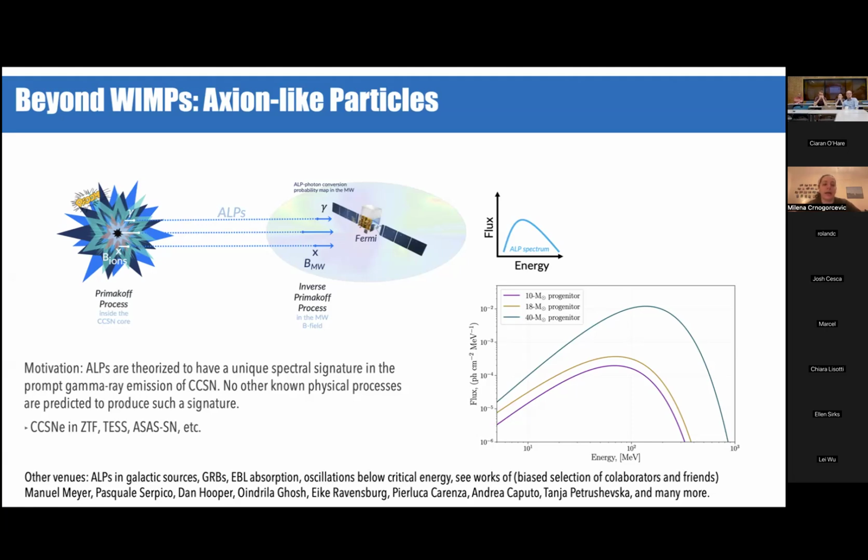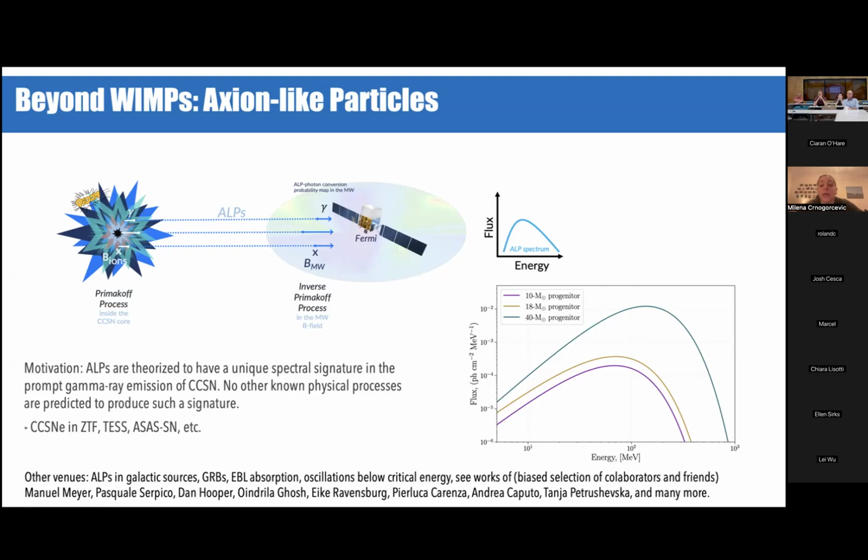And the idea here is that at the time of the core collapse of a massive star, the thermal photons that are abundantly produced in these environments will be converted into axion-like particles via the Primakoff process, and then, seeing that they're weakly interacting particles, will travel undisturbed until they reach the next strong magnetic field, which is the Milky Way's magnetic field in many research papers, and will be converted into gamma rays, which will result in a very unique spectral shape in the prompt gamma ray emission of a core collapse supernova.